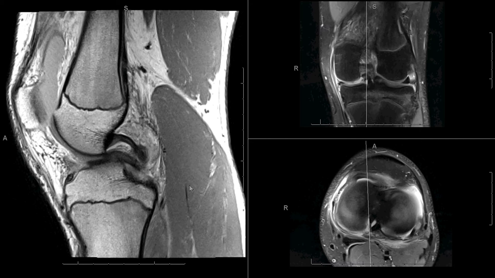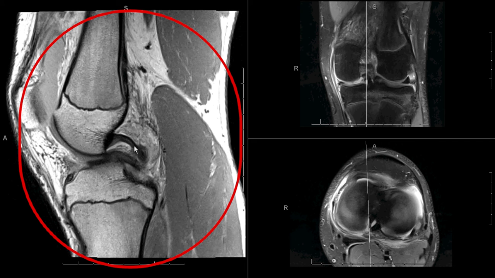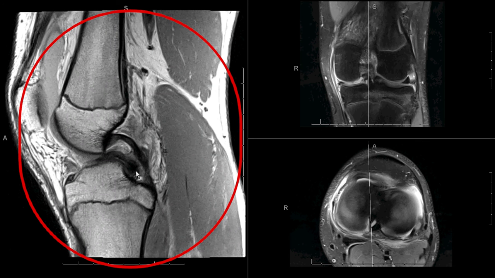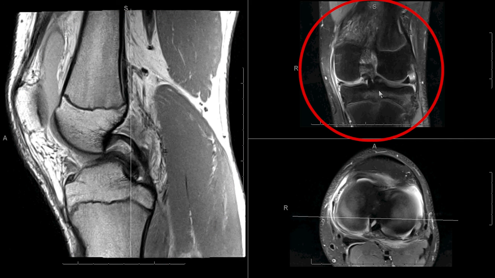So what we're seeing on this sagittal proton density non-fat suppressed image is what's known as a double PCL sign. And a double PCL sign is indicative of a certain type of meniscal tear where a fragment has flipped, from the outside into the inside, or the intercondylar notch region of the knee.